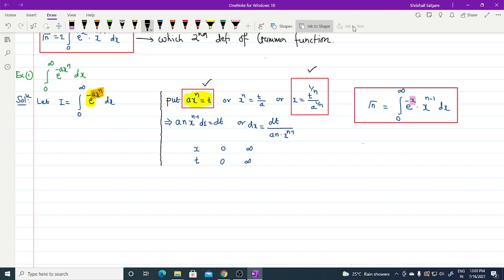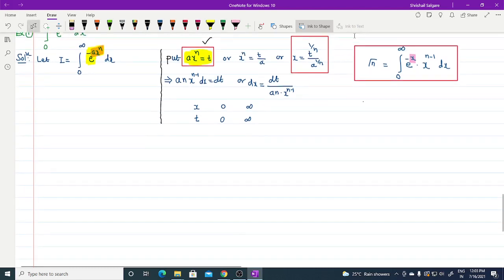Therefore the given integral, so I am managing the space only, you can continue with the one by one step. So this integral can be written as integral from, new limits are also from 0 to infinity, e to the power minus a x raised to n is equal to t, that we have substituted, and dx is given by dt divided by a raised to n into x raised to n minus 1.